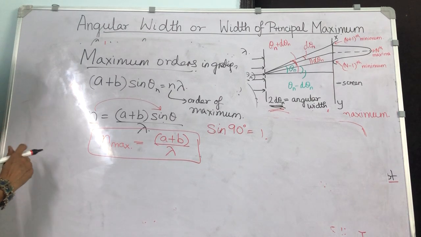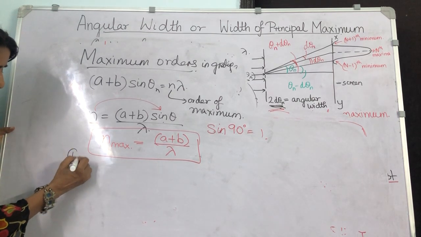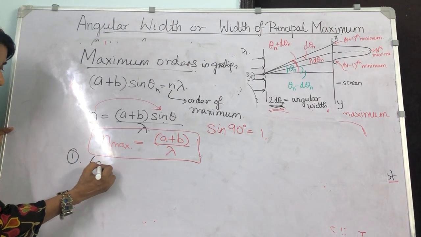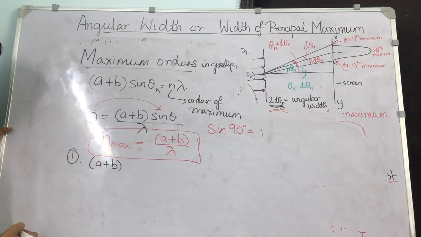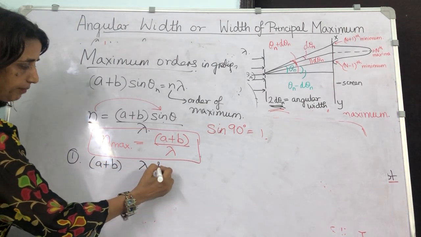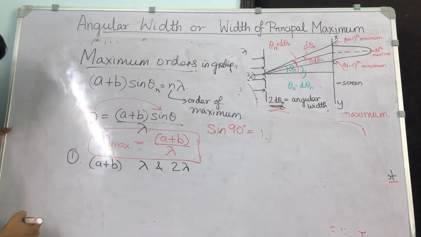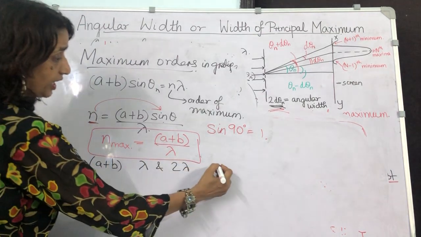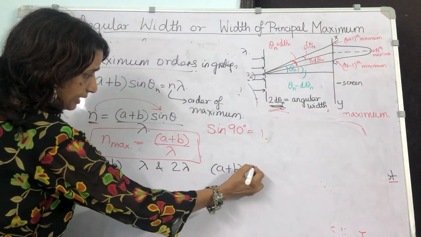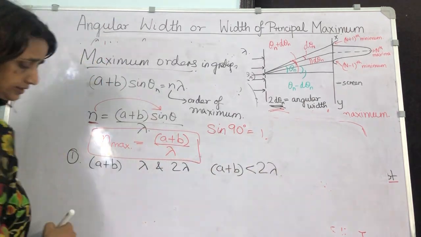Simple one or two cases we can take. Suppose the grating element (a plus b) lies between lambda and 2 lambda, so (a plus b) is less than 2 lambda.